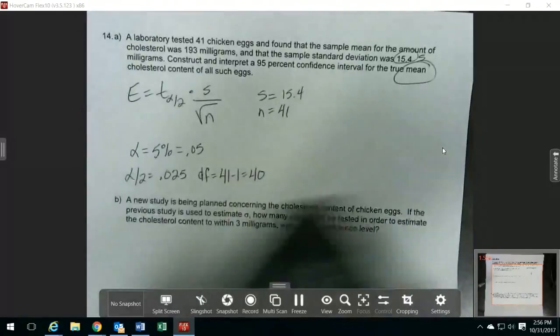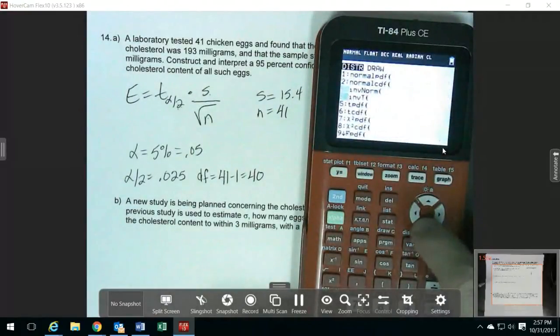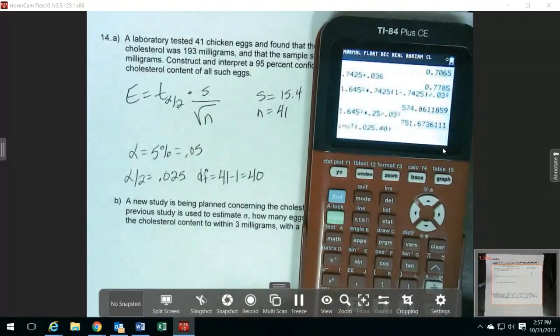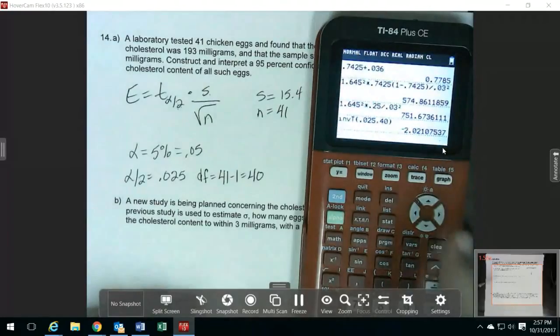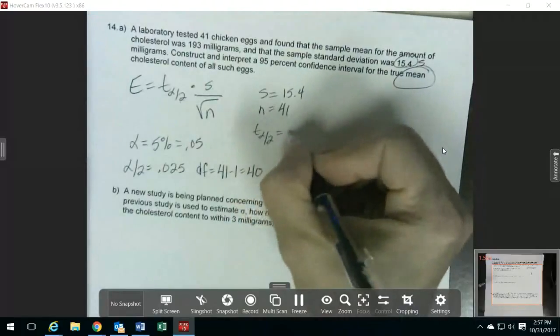So we'll have 40 degrees of freedom. Okay, so I'm doing inverse t. My area is 0.025. My degrees of freedom is 40. So that gives me negative 2.02. I'm just going to take off the negative. So that means my t alpha over 2 is 2.02.